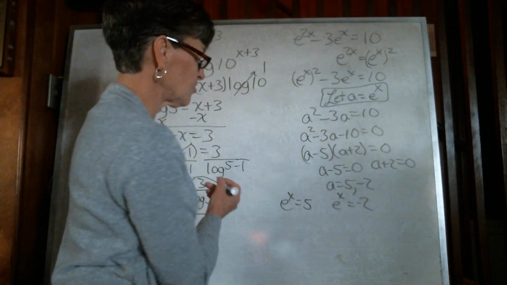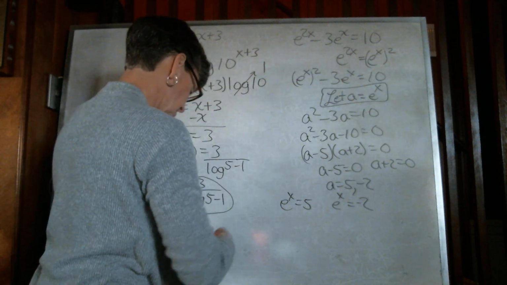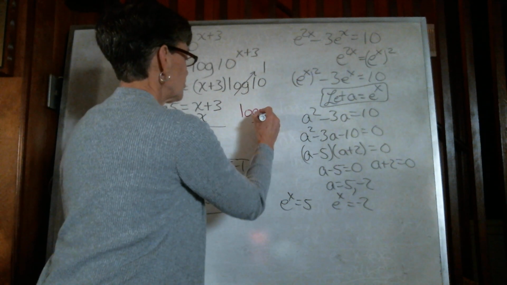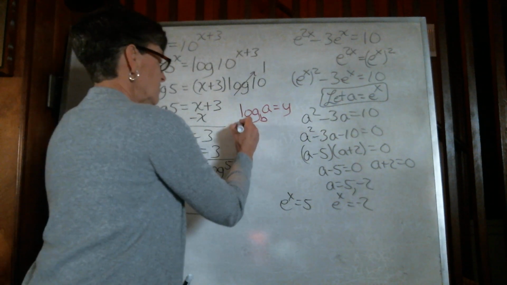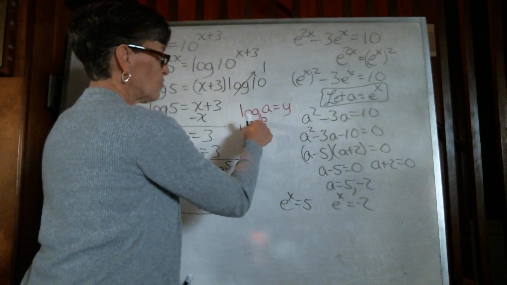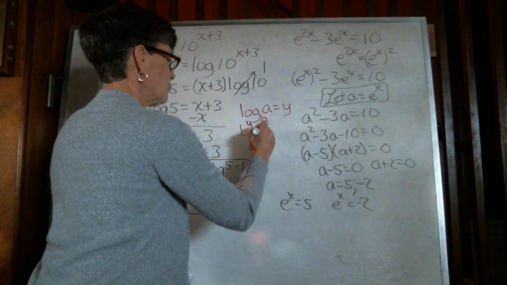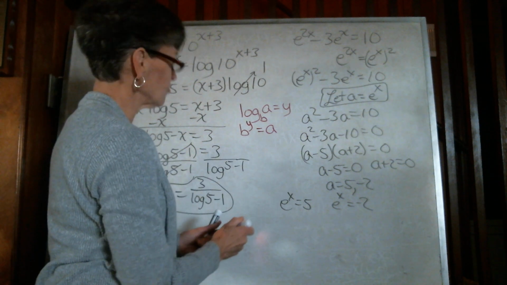All right, well, we can easily turn this into a logarithmic equation. Remember that the definition of log to base b of a equals y can be written in exponent form, the base to the exponent, because a log is an exponent. So b to the y equals a. I can write a log as an exponential statement.